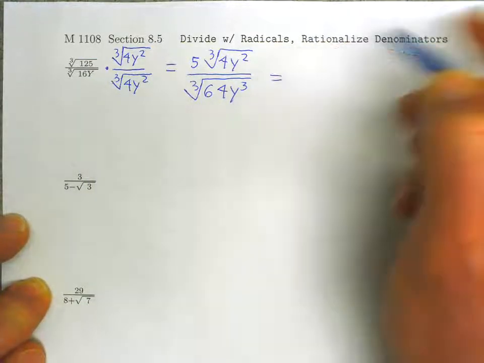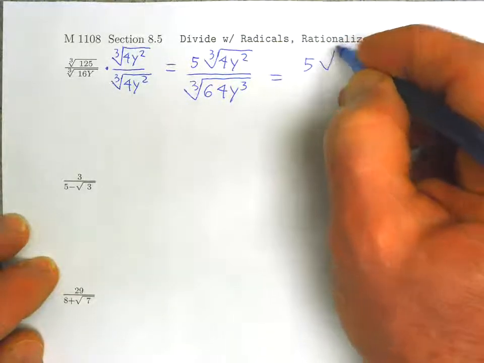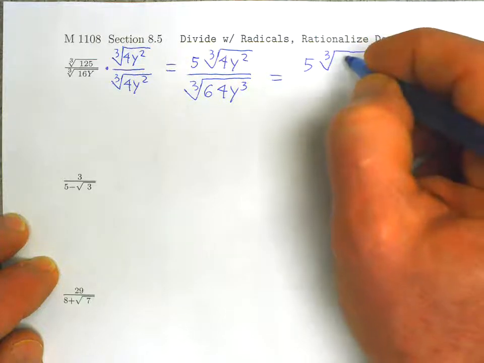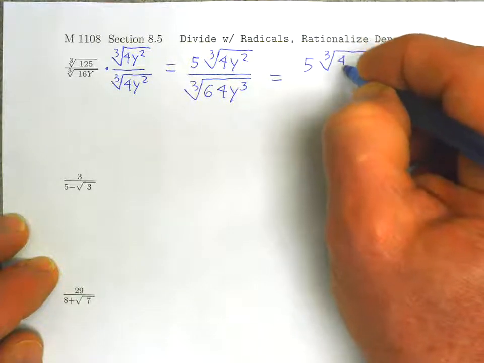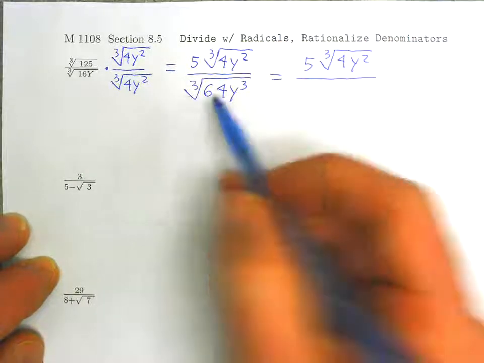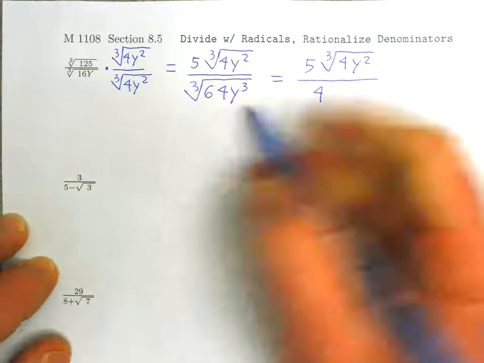And then finally, we can write the term with a rational denominator. So the numerator is 5 times the cube root of 4y to the second. And the denominator, the cube root of 64 is 4, and the cube root of y to the third is y.